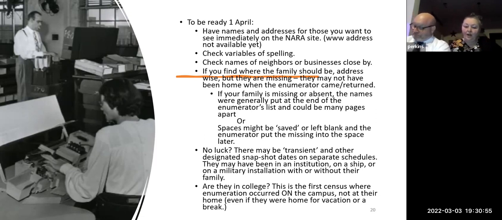Now, if you have no luck, there may be transient places that they were listed at. For example, my grandfather was sort of a wanderer, and by 1950, he didn't really have a location where he was living, renting, owning, and they don't have those designations in this census. But my grandfather lived as a farm worker. And so he is often missed.